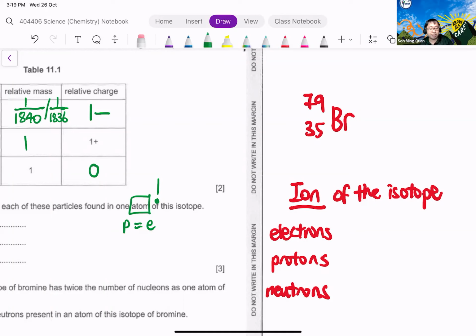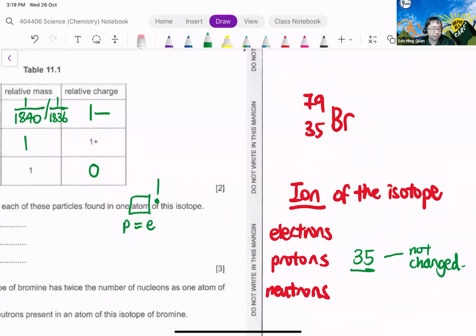At first, you must have 35 protons, right? Protons will not change because you never lose or gain protons. But now you think, will the ion still have 35 electrons? No. As Eileen told us, it must have gained 1 valence electron. So at first, you got 35 electrons in the atom.